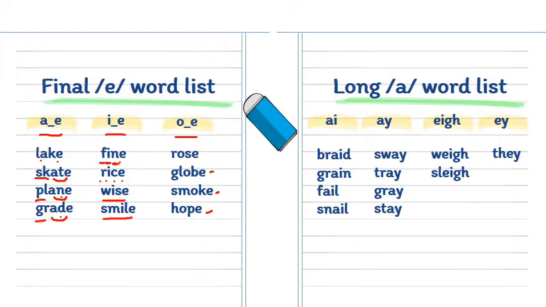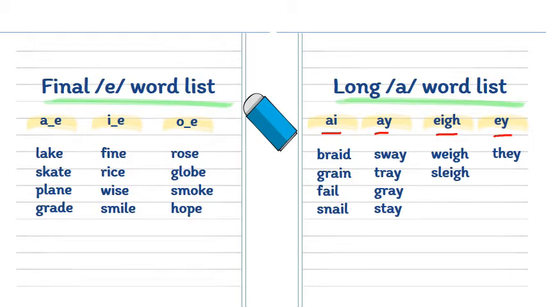Now we will move on to the long A word list. Only long A. So as I said, the sound of the letter A can be pronounced as A if I have these vowel teams: AI, AY, EIGH, and EY.